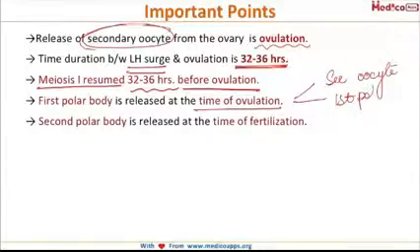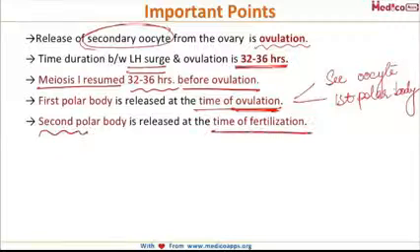And the second polar body, when is it released? It is released at the time of fertilization. Here it leads to the formation of the female pronucleus or the ovum and the second polar body.